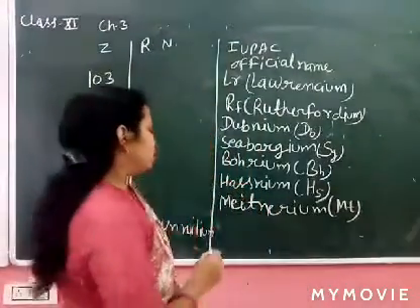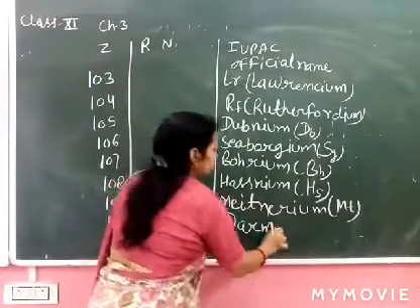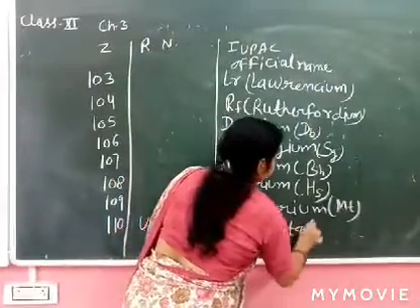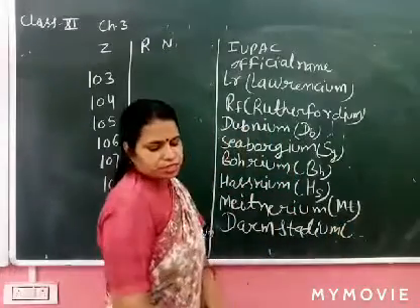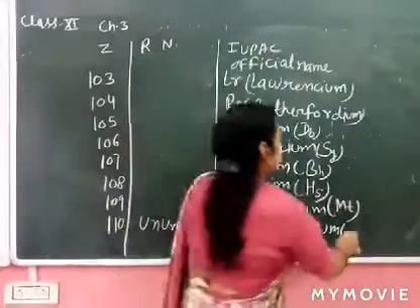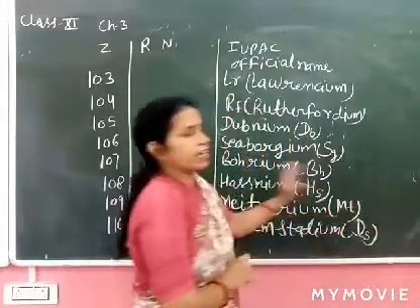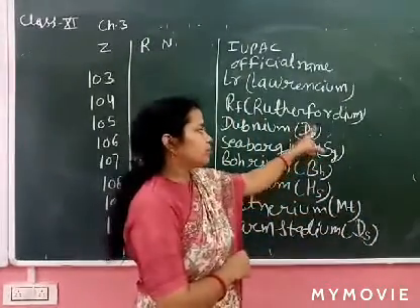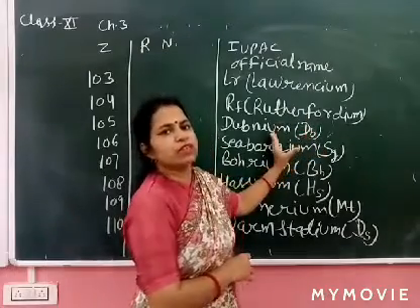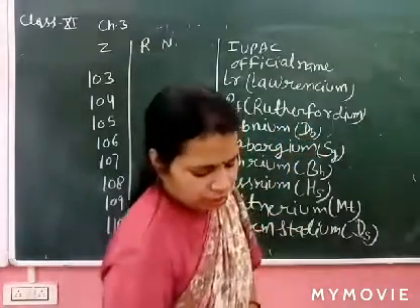Darmstadtium, and its symbol is Ds. Always learn that the first letter is capital and the second is small. Don't write both capital or both small.